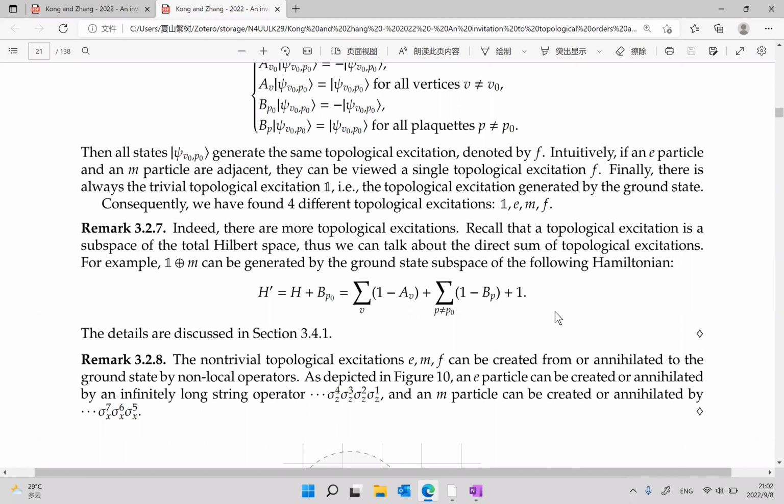Right, so 1 direct sum m here could equal the original table space. You can translate it into the vector space direct sum to m particularly in this space.